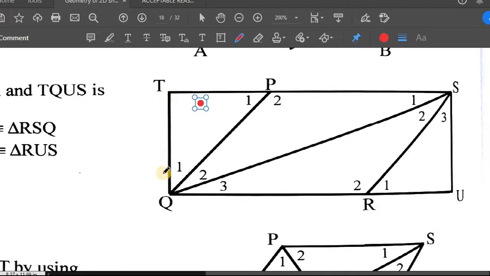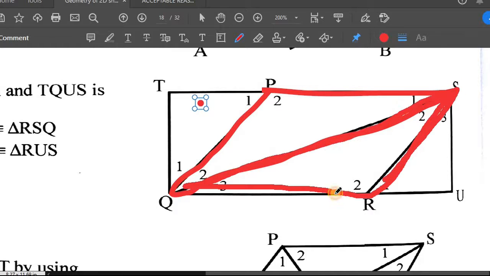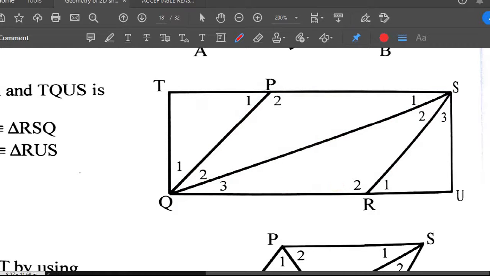I can see one triangle here, another here, 2, 3, 4, 5, 6 triangles there. So I wouldn't know which triangle you're talking about. So you have to tell me, for example, PQS, then I know you are talking about that triangle. If you're talking about SRQ, I know you're talking about SRQ. That's the reason why we name them, so the teacher can know what you're talking about, right?